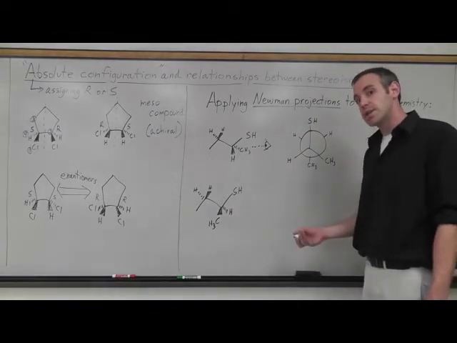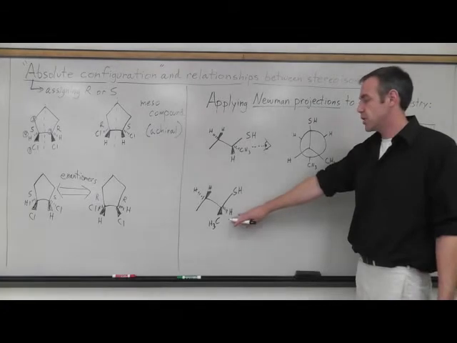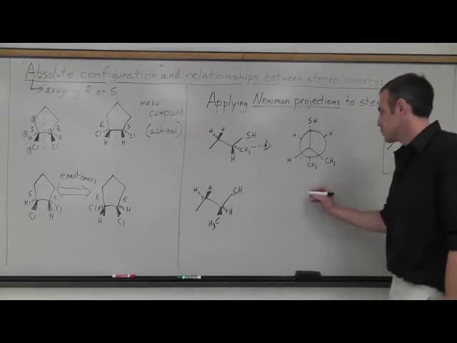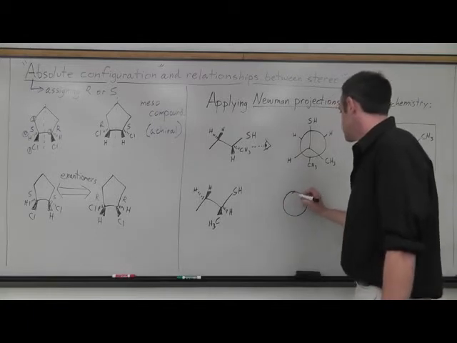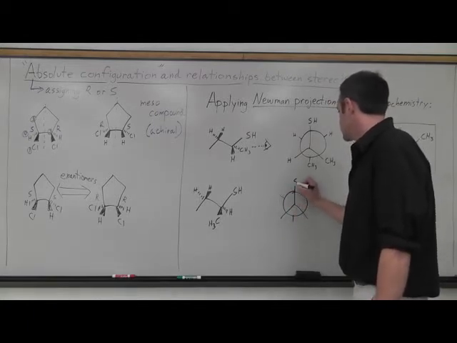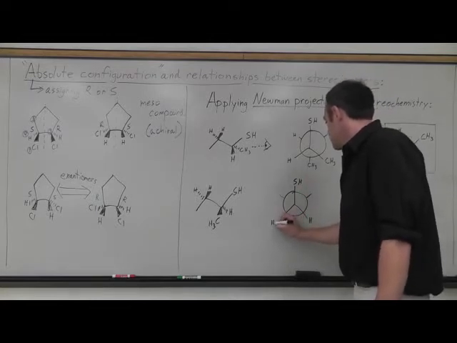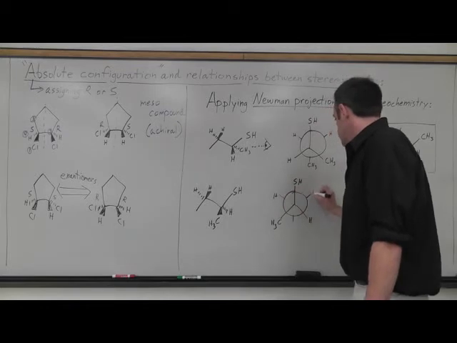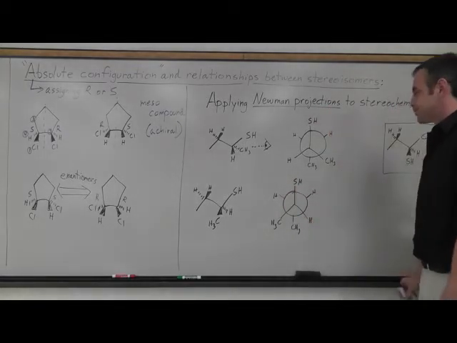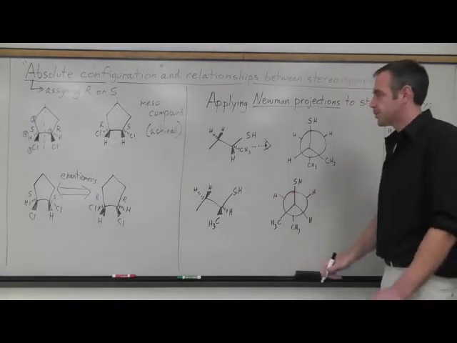And we'll do that like so. And now, what's good practice is to draw the Newman projection for this one, and we'll compare those two. This should be what you obtain for this enantiomer.